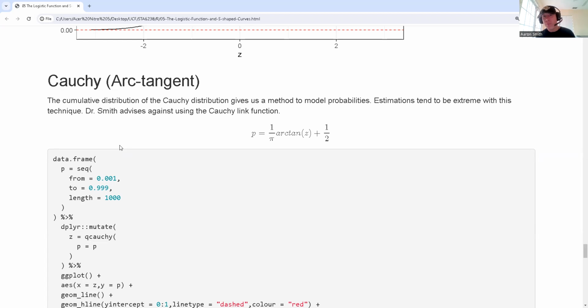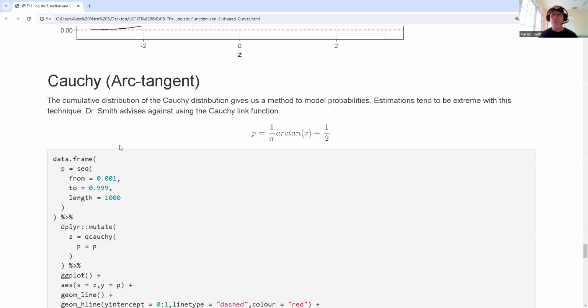For us, we're not going to use the Cauchy very often. We're not going to use arctangent much because usually the logistic curve does a good job.